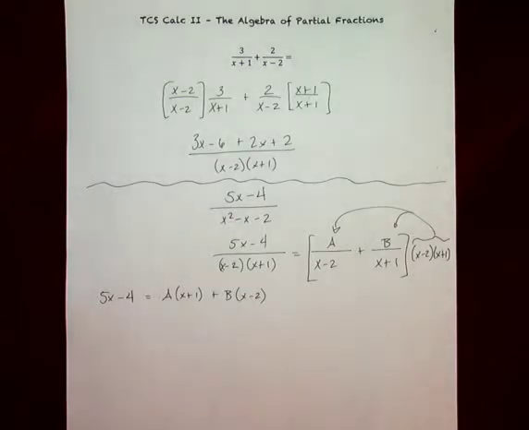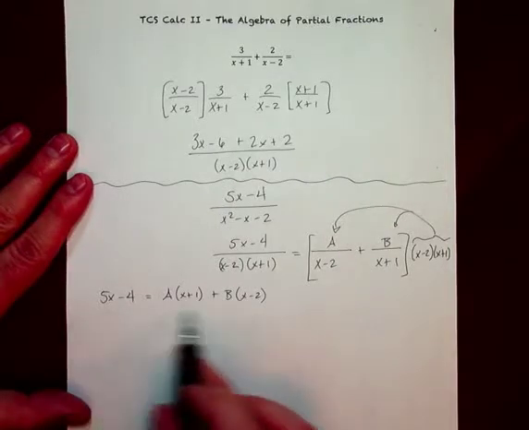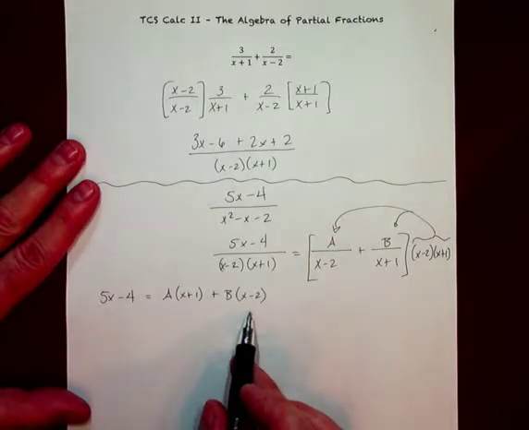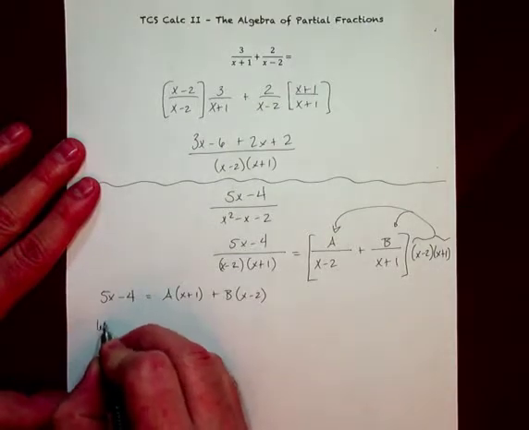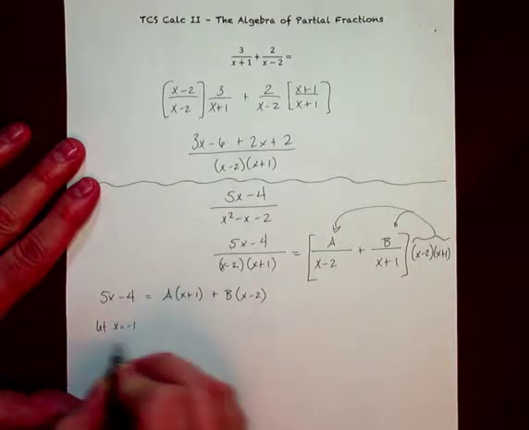If you just plugged in willy-nilly values for x, you would get equations in terms of A and B. And all you'd have to do is do it twice, and you would get two equations of two variables. You could set up a system and get to work. But when it's something like this, that's so easy, we're going to use really convenient values, and we're going to let x equal negative 1.